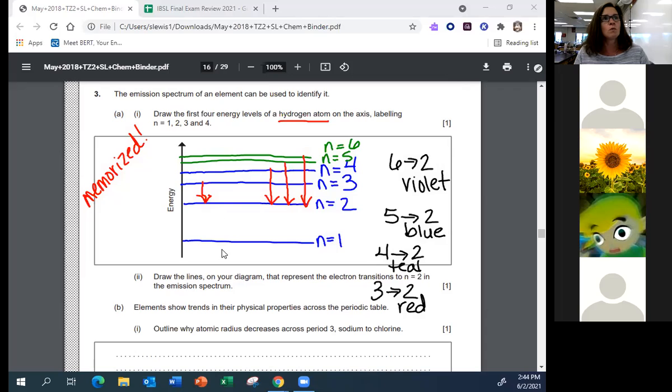Okay, 2 to 1 can happen. It's an allowed transition, but it gives off so much energy on the electromagnetic spectrum, we're outside the visible range. Now we're probably at UV light being given off. Okay, so it wouldn't be detected in the hydrogen emission spectrum because the hydrogen emission spectrum is only showing you the visible light transmissions. Does that answer, Sophia?